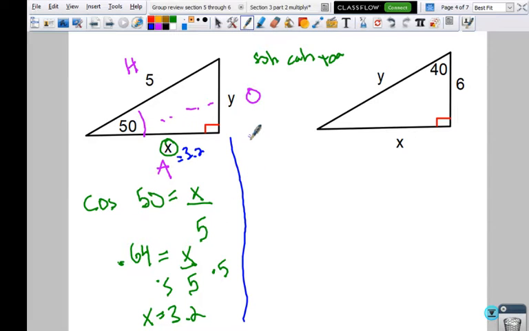So I have an opposite and hypotenuse. Which one of the 3 uses opposite and hypotenuse? Sine. So I'm going to go sine of 50, and it's going to equal opposite, which is y, over hypotenuse, which is 5.